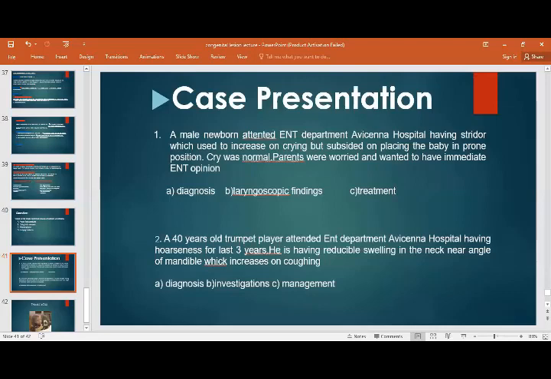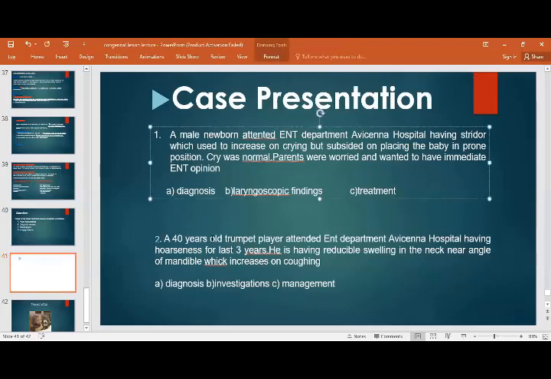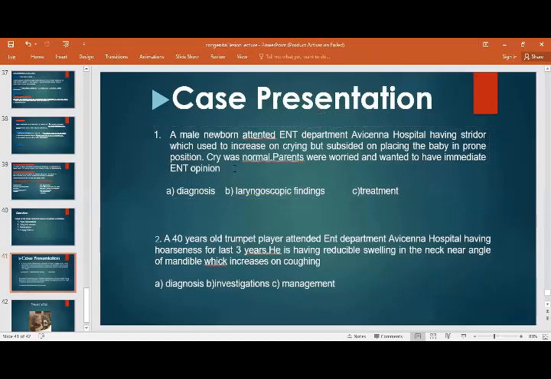Proper laryngoscopic findings, you need to write down. The diagnosis is laryngomalacia. What are the specific laryngoscopic findings? Omega-shaped epiglottis. And treatment is mostly conservative, but in a few cases we will go for aggressive surgical treatment as well.